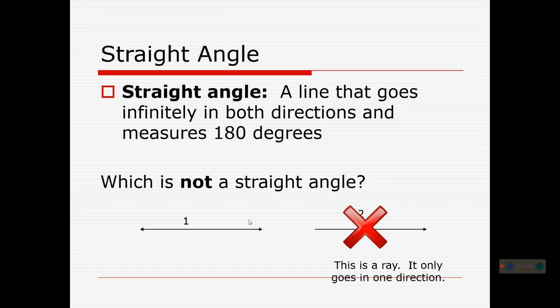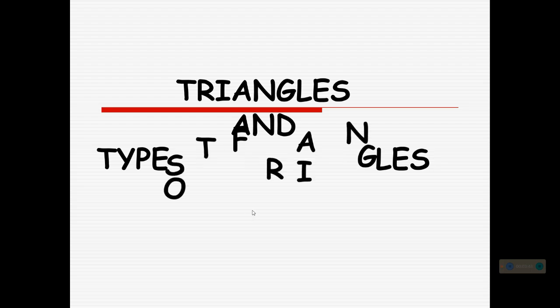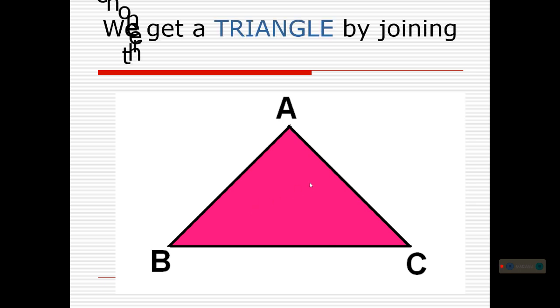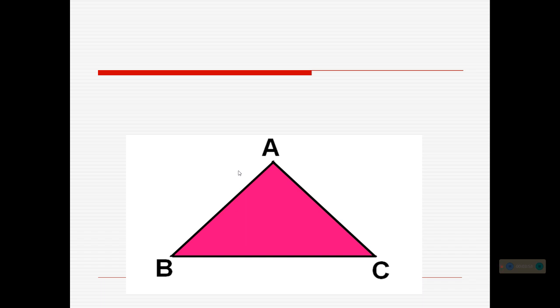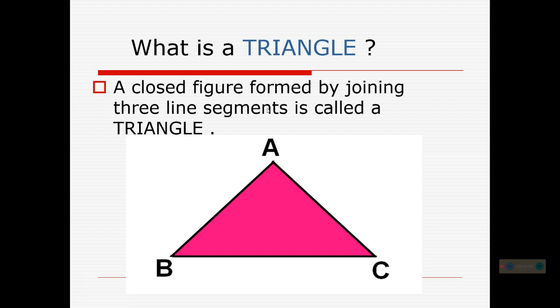Okay? Next, let's now have the triangles and types of triangles. Let's have the figure. We all know that we get a triangle by joining three non-collinear points. Okay? So, if you're going to answer the question, what is a triangle? It is a closed figure formed by joining three line segments. Okay?